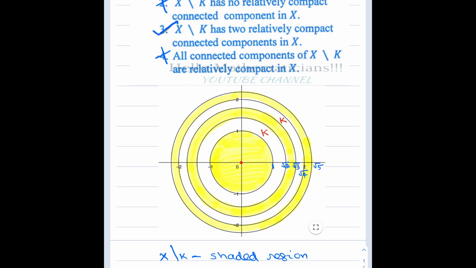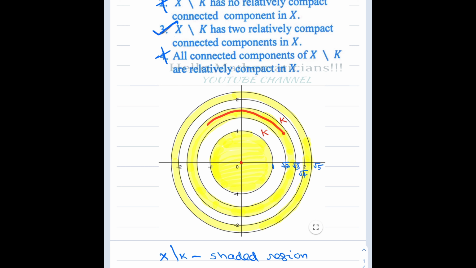So we look at this first connected component and take its closure in X. Recall that X is the interior of the outermost circle. When you look at the boundary of this first connected component, this circle will also be included. Once the unit circle is also included, this is compact. Therefore this connected component is relatively compact.